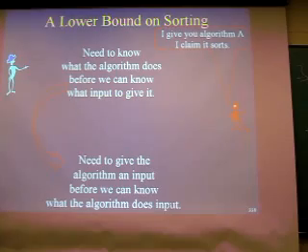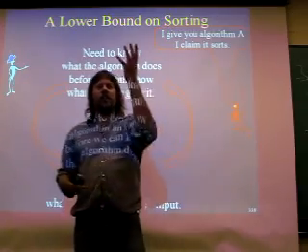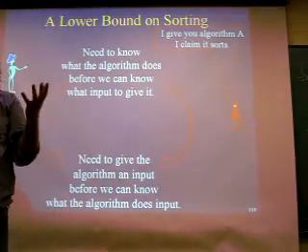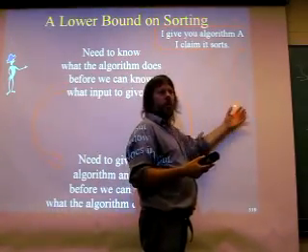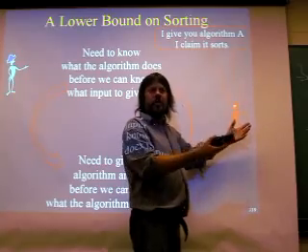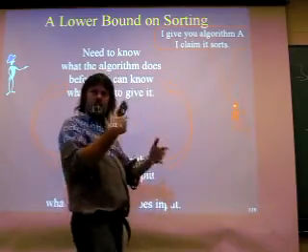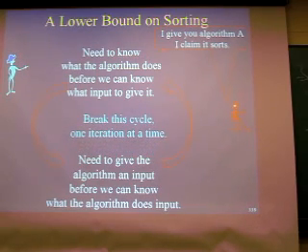So this becomes a circular argument. How do I know what this algorithm he gave me did? I don't even have it in my hand here. I want to know what this algorithm is going to do, but I don't know until I give it an input. But I don't know what input to give it until I know what it's going to do. You see that circular argument? So what we're going to do is break the cycle.